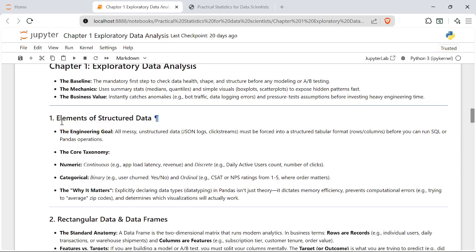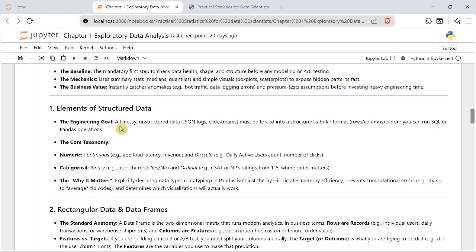Topic number 1, elements of structured data. The engineering goal. All the messy, unstructured data must be forced into a structured tabular format, like rows and columns, before you can run SQL or pandas operations.